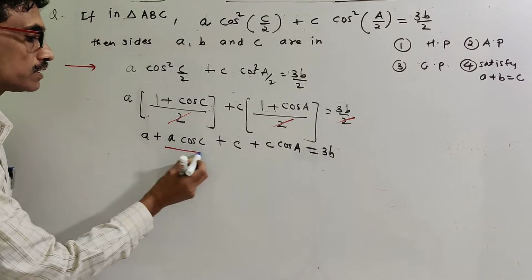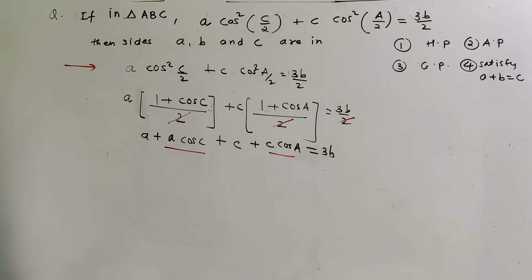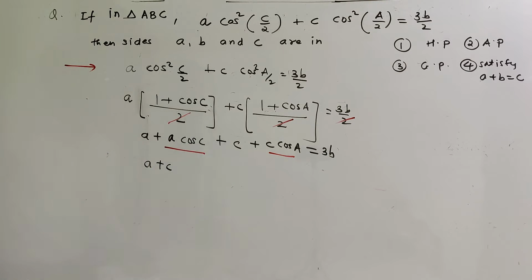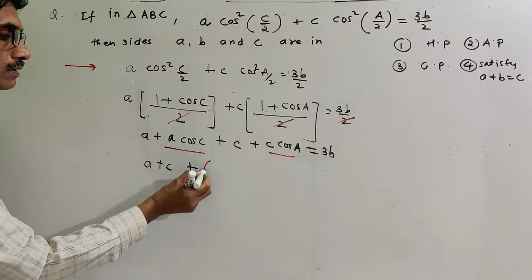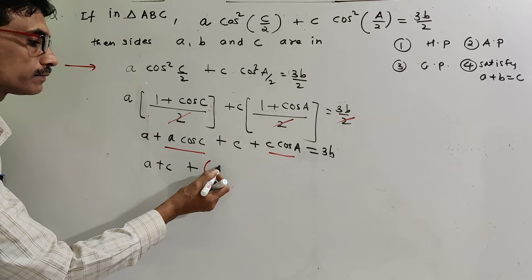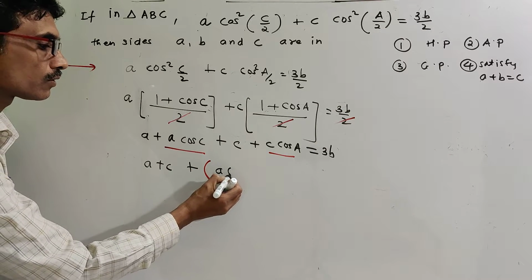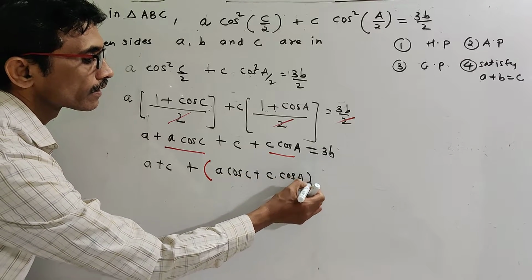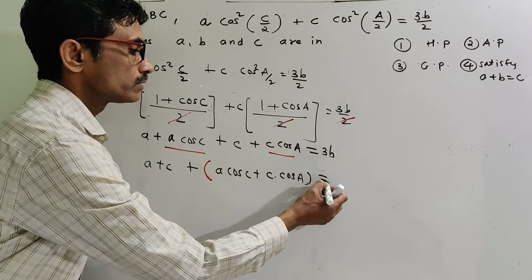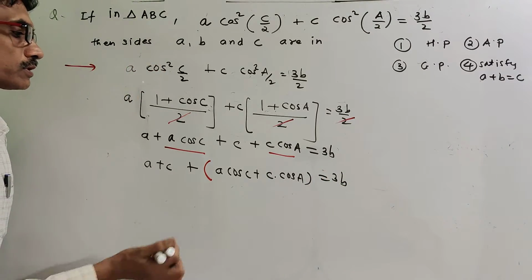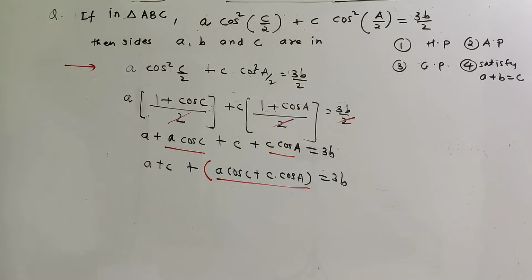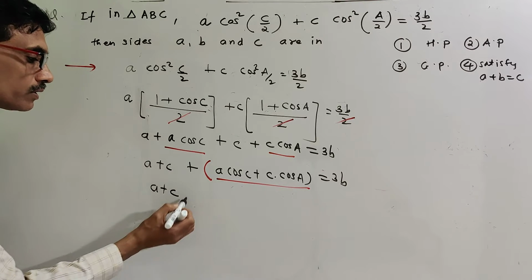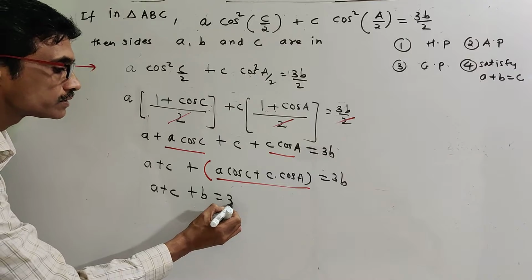Now a cos C + c cos A, by projection rule, we write together: a + c, plus a cos C + c cos A, is equal to 3b. By projection rule a cos C + c cos A is b, so we get a + c + b = 3b.